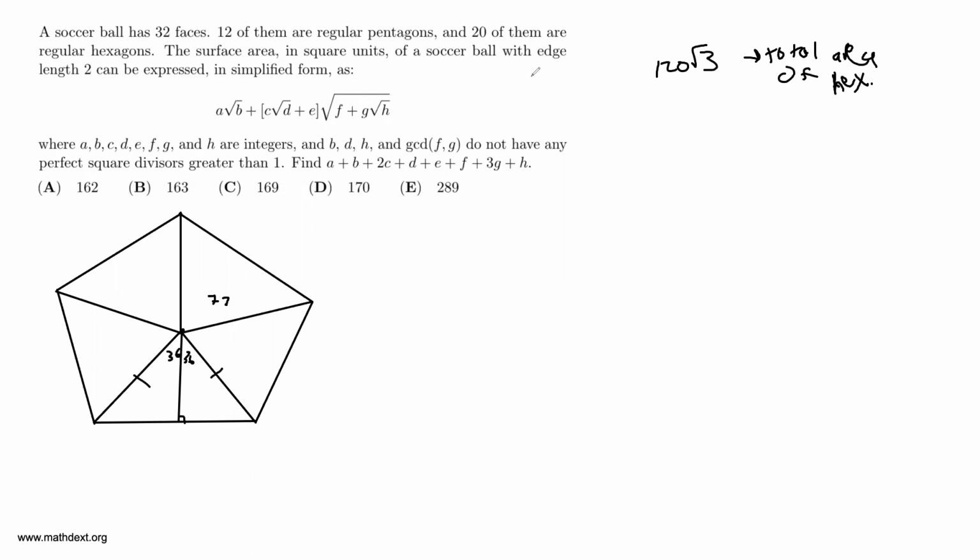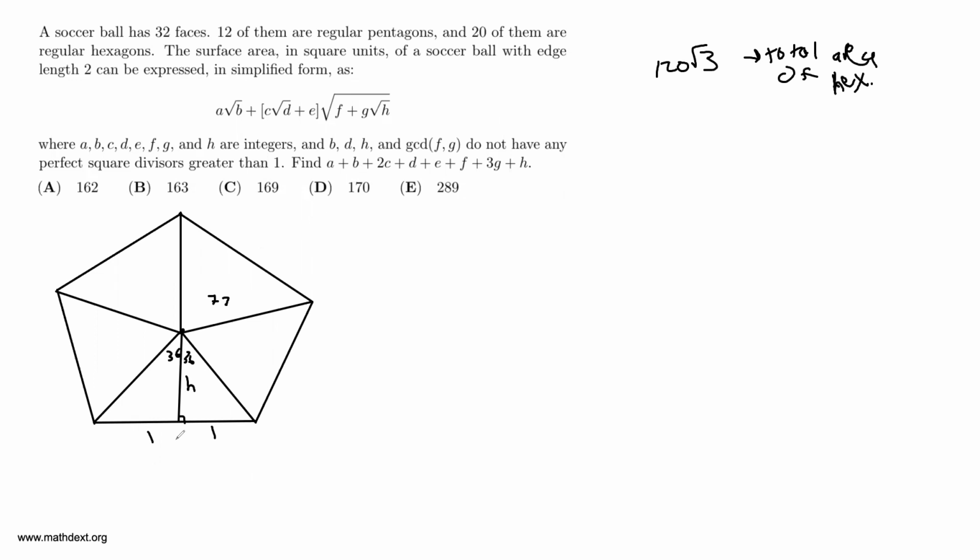In this isosceles triangle, an altitude is also a median and an angle bisector, because each of these base angles is 54, right? Because this angle is 108. So each of these 2 angles is 36 degrees, and both of these sides are 1, and we're going to call this height h.